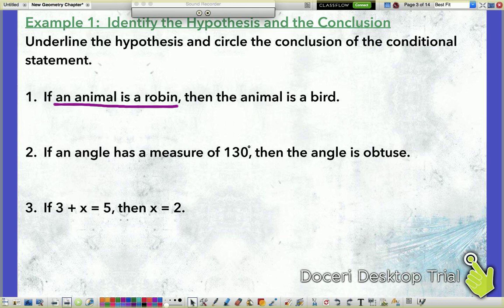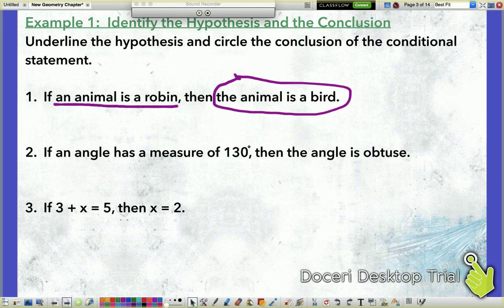Again, do not underline the word if. Okay, the conclusion follows the word then, but it does not include it. So my conclusion would be the animal is a bird. Okay, simple as that, nothing else that you have to do there.